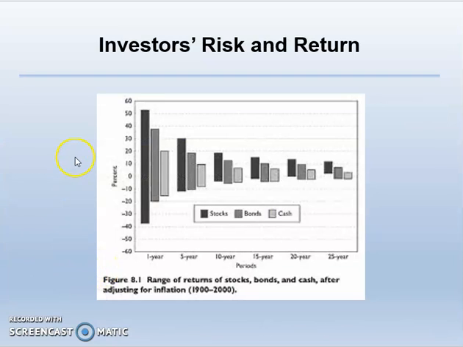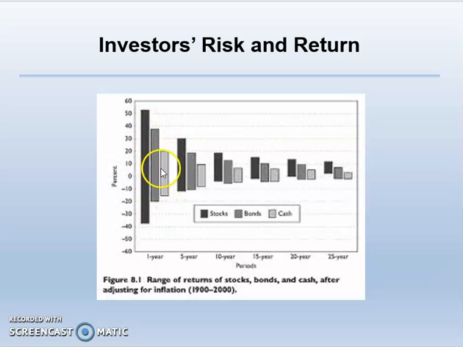Here's another way to look at it. Here's the range of return for stocks for the 100 years, the 20th century. So stocks have traded in this range in a year, down as much as almost 40%, up as much as 50-some% in 1 year. Bonds don't vary as much.